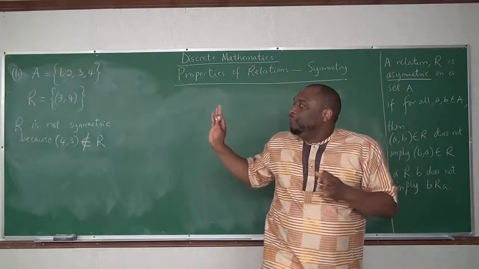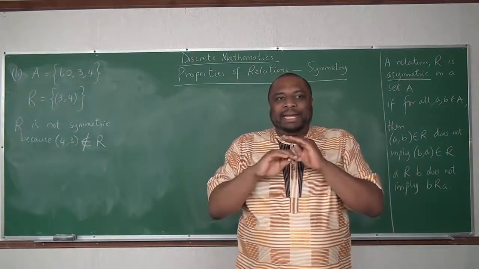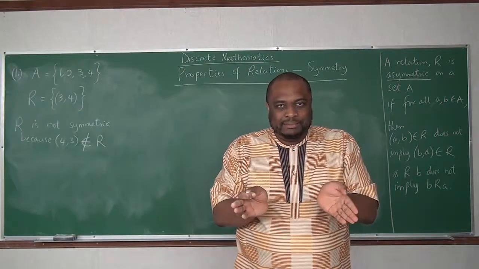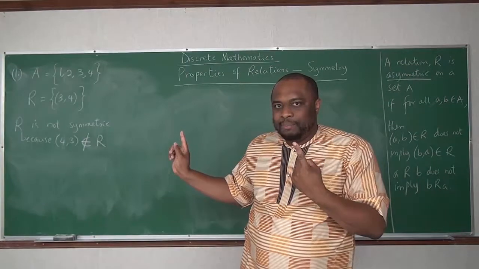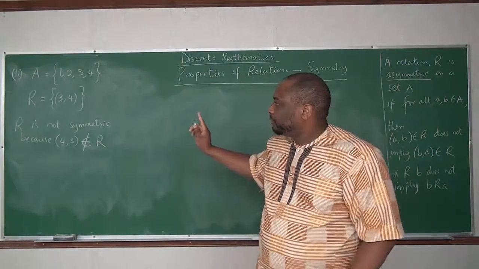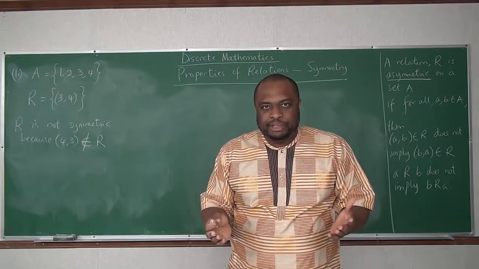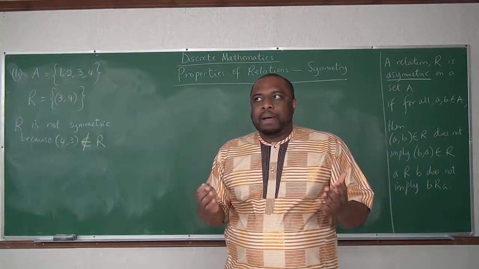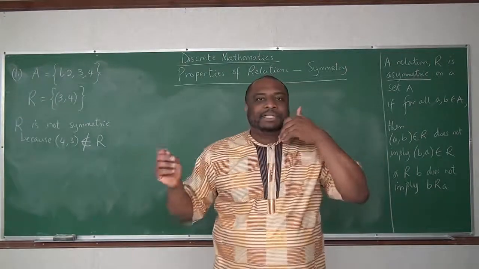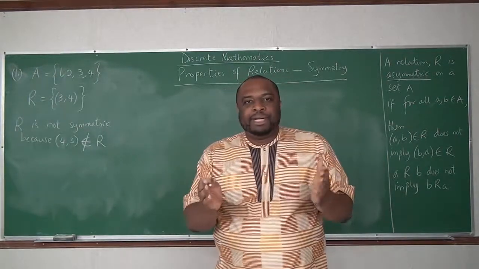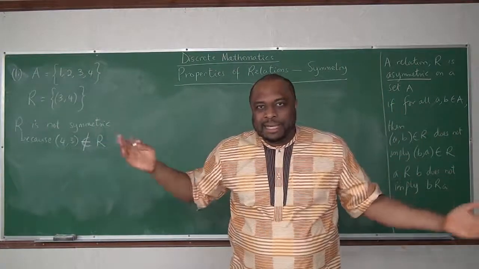Now, if we had 4, 3, then it is not antisymmetric. But here we have only one ordered pair, and this one ordered pair, the 3, 4, doesn't give us enough information about whether it's going to be antisymmetric or not.